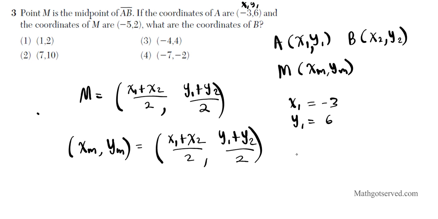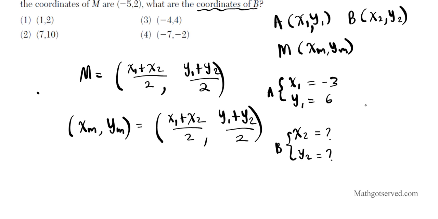So this is for point A. And then for point B, x2 we do not know, and y2 we do not know, because we are asked for the coordinates of B. But we know the coordinates of the midpoint M. So x of M is going to be -5, and y of M is 2.